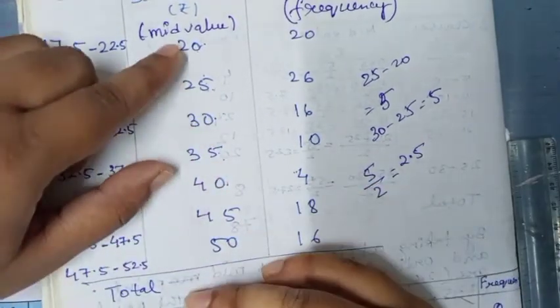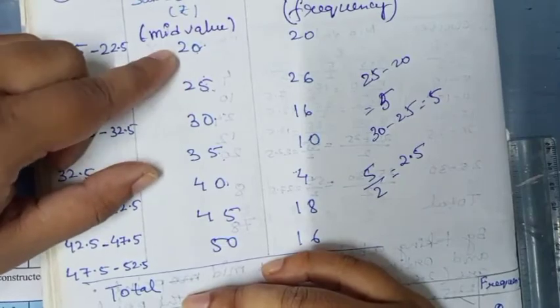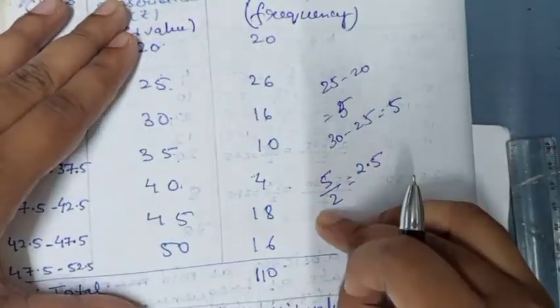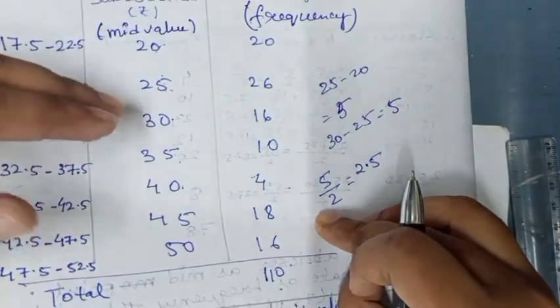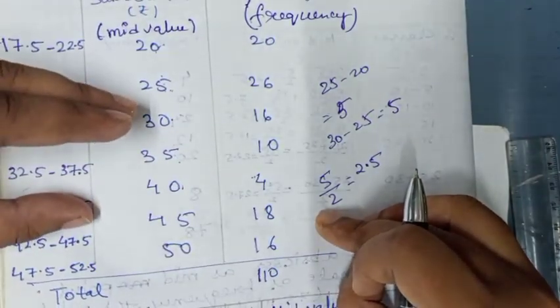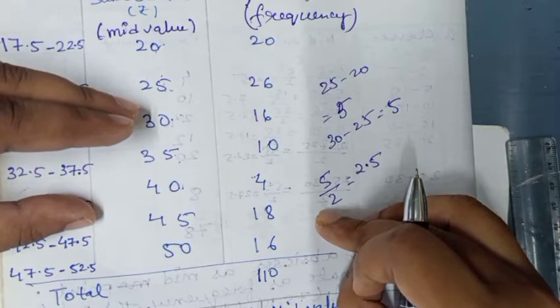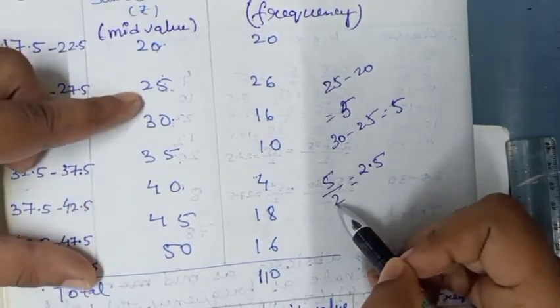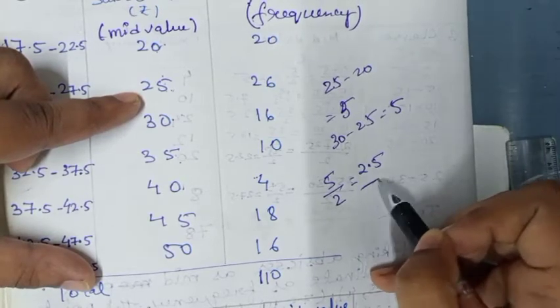Whatever difference comes in mid value, here the difference is 5, so I am taking half of 5. Suppose the difference is 6, then you will take half of 6, that will be 3. Here the difference is 5, so you will write 5 by 2, which is 2.5.